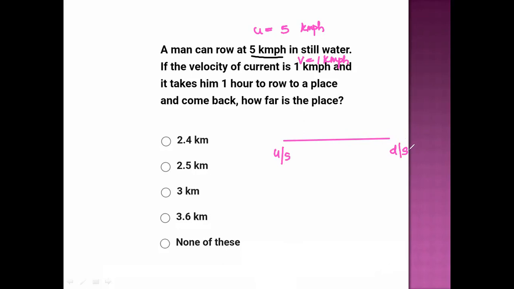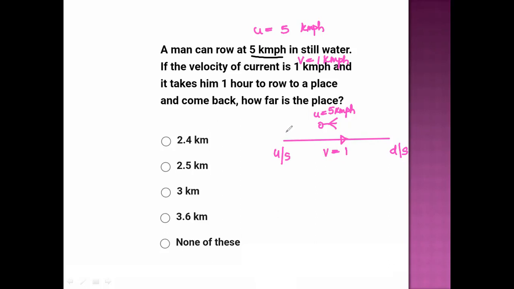The person is rowing. He can row in still water at 5 kmph, and the river always flows from upstream towards downstream. Therefore here v is equal to 1.